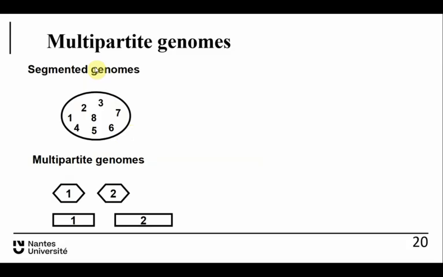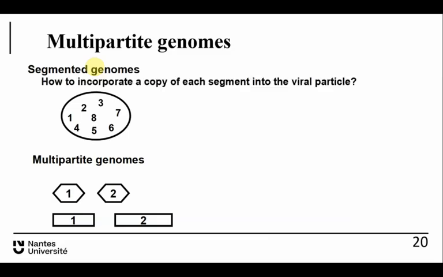So when you get infected by one virus particle, it has the whole genome inside one particle. Begomoviruses don't work like that. In a begomovirus, DNA A is in one particle and DNA B is in the other particle. Many plant viruses have this kind of organization. For segmented genomes, the problem is how to incorporate one copy of each segment into the same particle, and for influenza virus, it's the specific RNA-RNA interactions between the different genome segments.